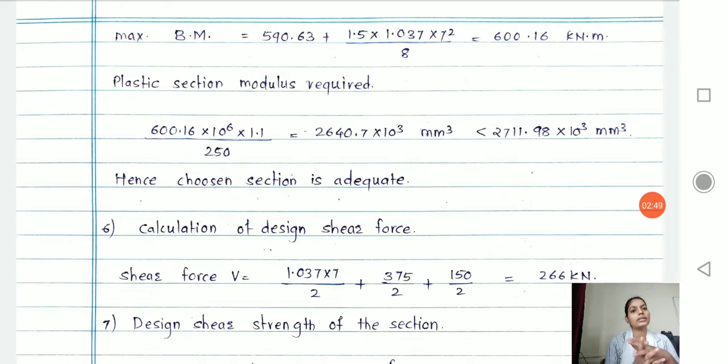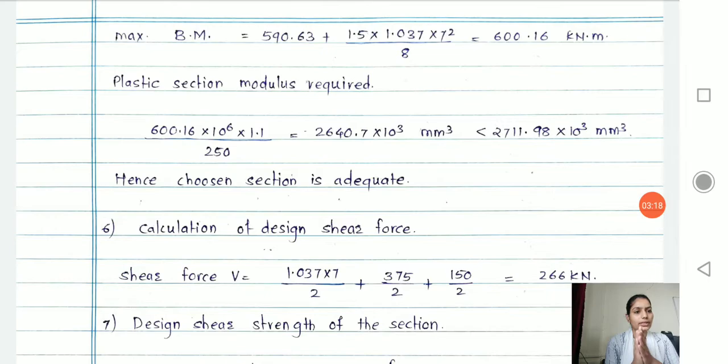Till calculating the plastic section modulus, we calculated the required plastic section modulus, and then we calculated the total loading upon our beam including self-weight.